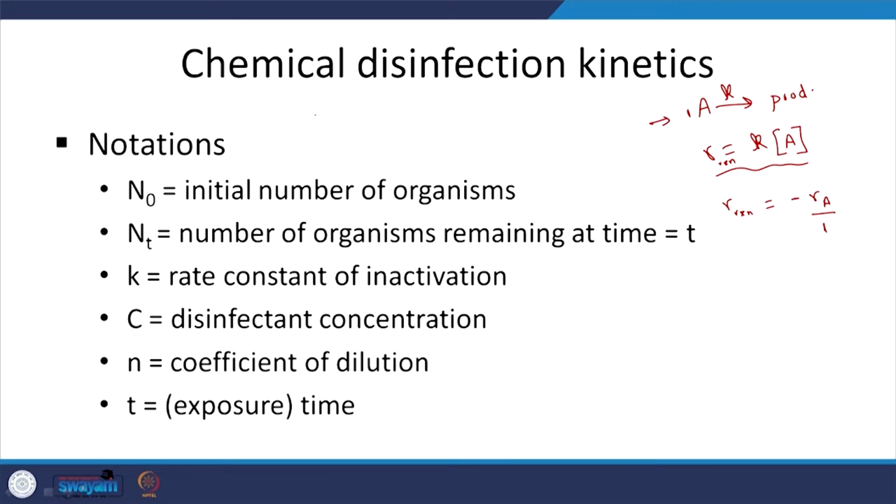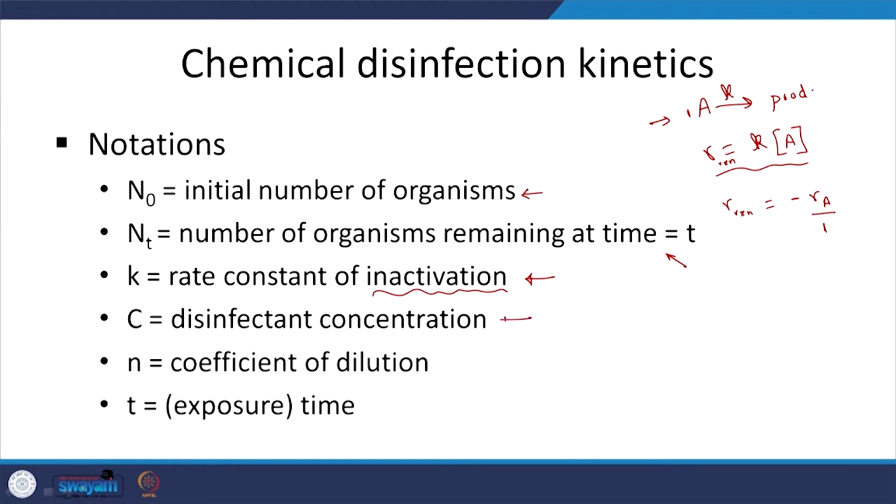So what are some of the notations that we are going to come across? Let's look at that. N naught, the initial number of organisms, the initial number of pathogenic or indicator organisms that you are trying to measure that are coming into the system. N, the number of organisms remaining at time t. k, the rate constant of inactivation, which is a better word than kill.